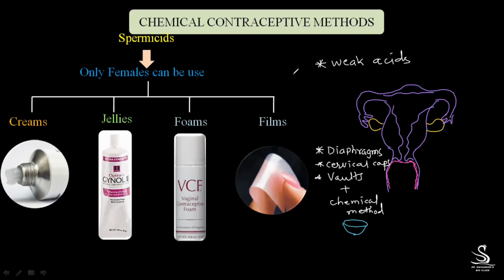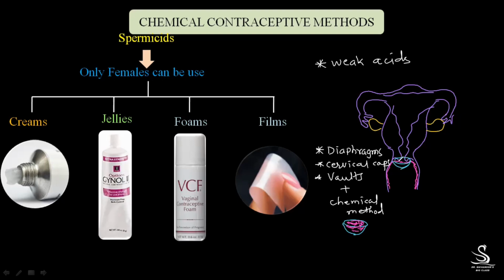What do they need to do then? They have to take either a diaphragm, cervical cap, or vault, take 1 or 2 drops of these chemicals, and apply it on the inner side of these devices. And once they have applied it, they have to place it on the cervix. You can observe here the way they have to place it.